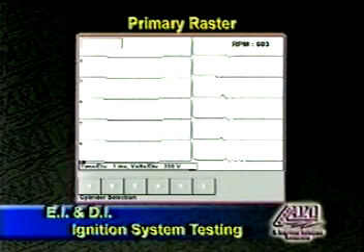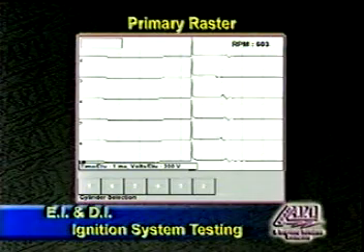Before we make any diagnostic decisions, we need to go to that dwell section of the primary waveform to look for uniformity. As we talked about earlier, remember, the point of primary turn-on is when we begin the charge process of the coil. What we're looking at here is uniformity, comparing the points of primary turn-on.